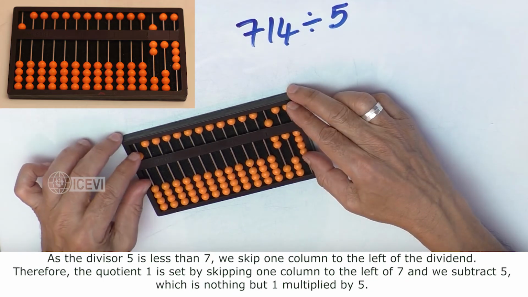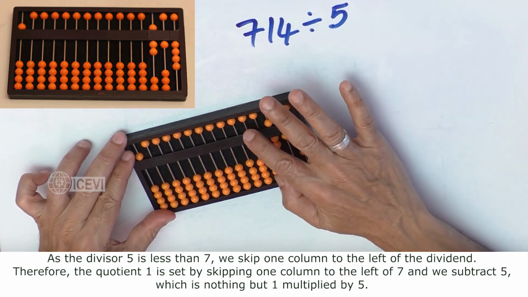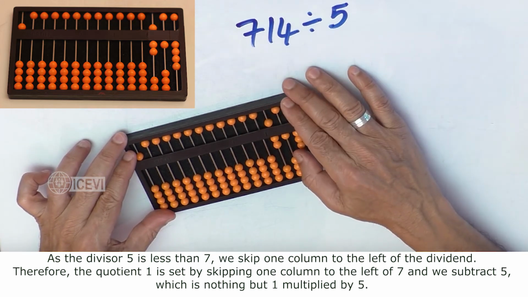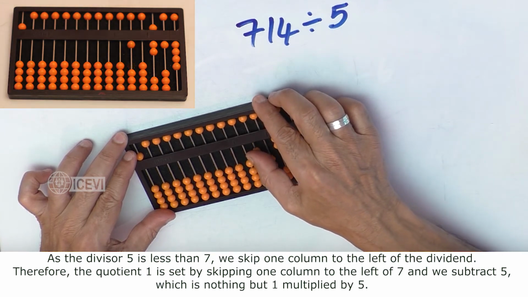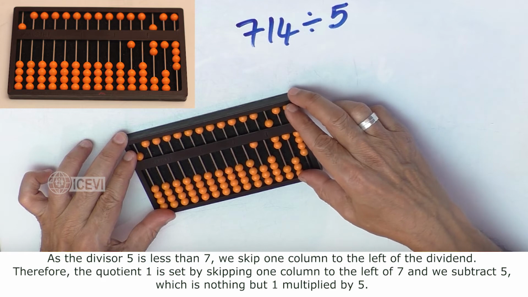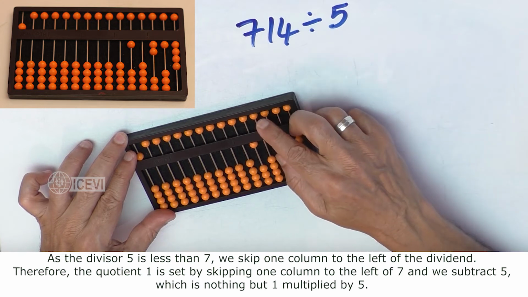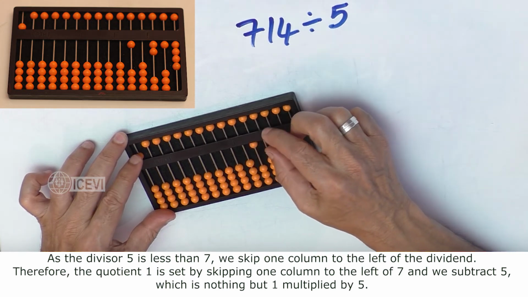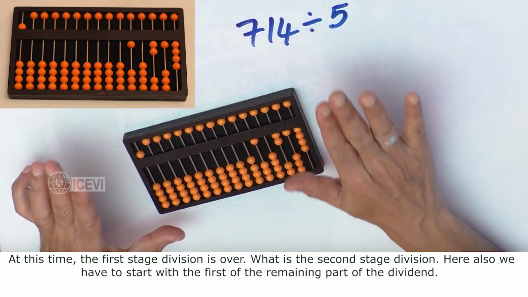As the divisor 5 is less than 7, we skip one column to the left of the dividend. Therefore, the quotient 1 should be set by skipping one column to the left of 7, and we subtract 5, which is nothing but 1 multiplied by 5. At this time, the first stage division is over.